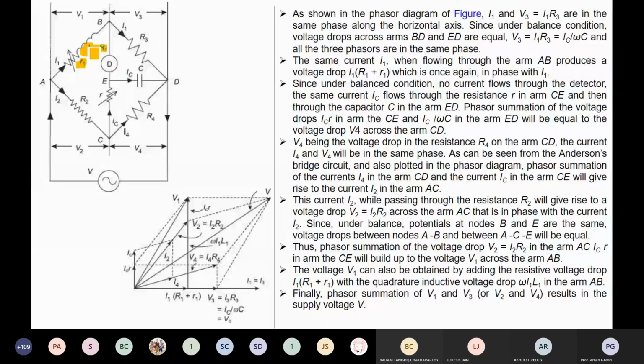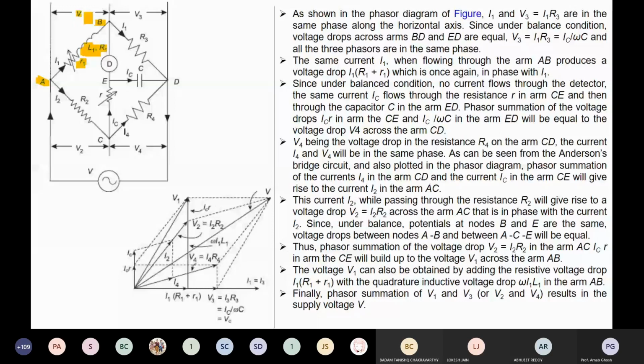You can see one detector is connected, but here the detector is not connected in between B and C; it is connected in between B and E. So the potential drop across B to E will be 0, and the potential will be the same, that means the potential drop will be 0 for the balance condition.